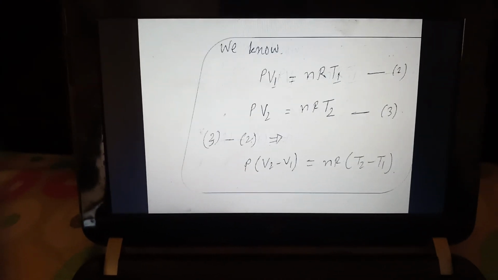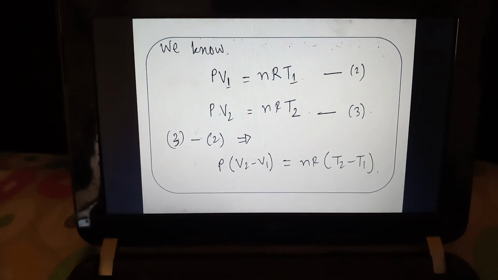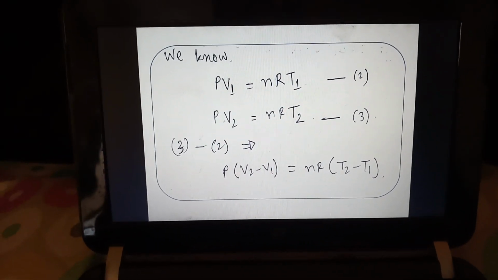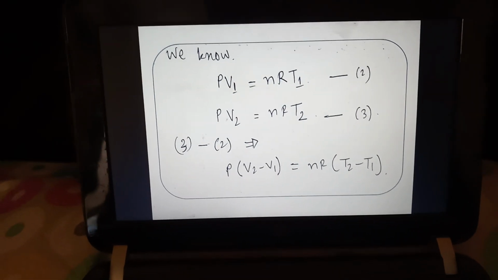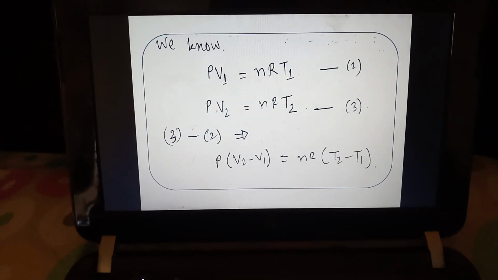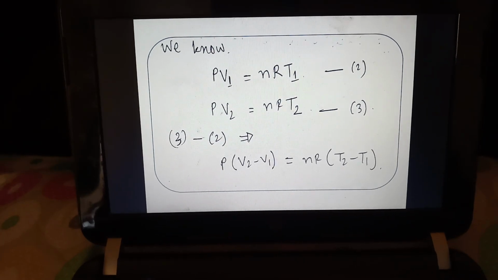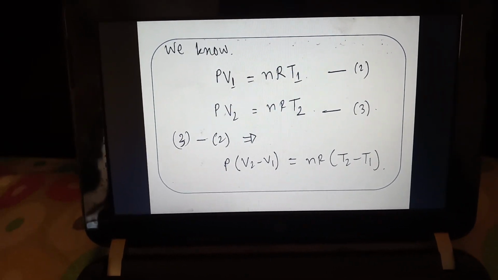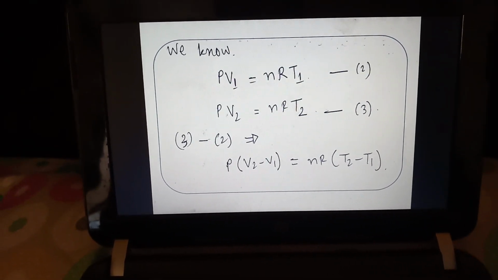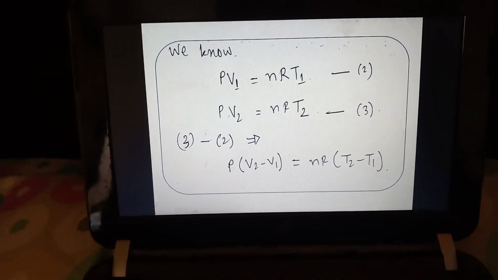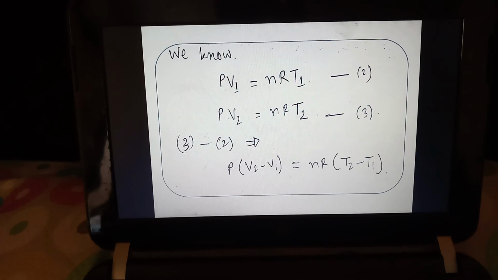This is equation 1. Again, from the ideal gas equation PV equal to nRT, for temperature T1 and volume V1 we can write PV1 equal to nRT1. This is equation 2. For temperature T2 and volume V2, we can write PV2 equal to nRT2.